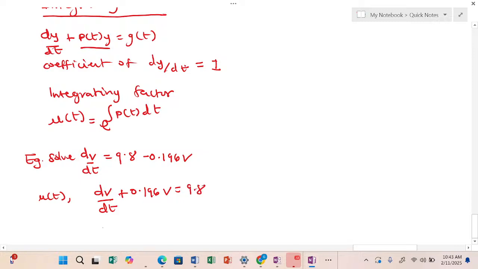So now we compare it to the form to which it should be. We have dy/dt plus p(t)y is equal to g(t). So now we could see that we have it in this form.